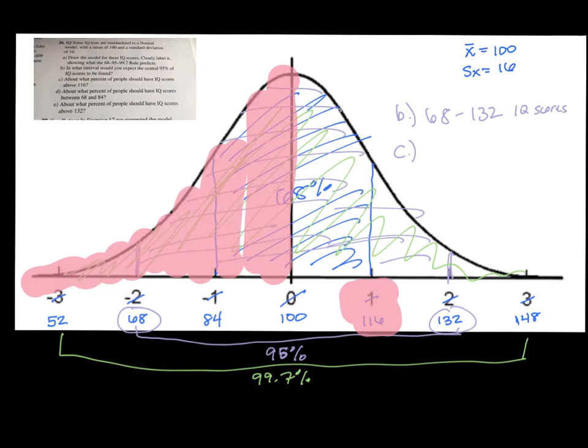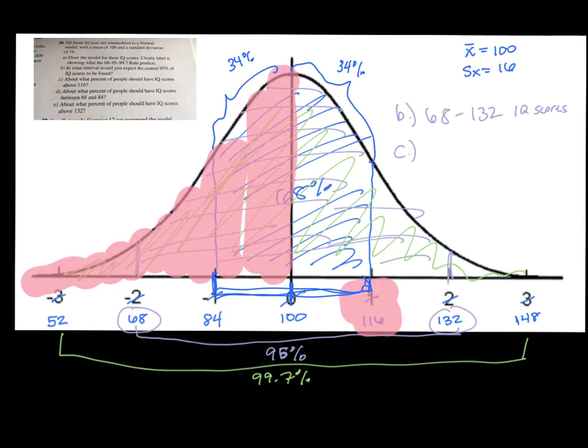I also know that between 84 and 116, that's 68%. And if I cut it in half down the middle where the mean is, what is 68 divided by 2? That gives us 34. So this tiny chunk up here is 34%, and this other chunk is 34%.